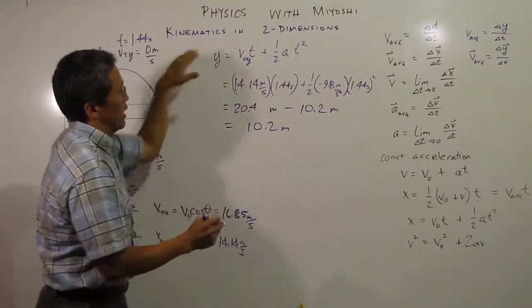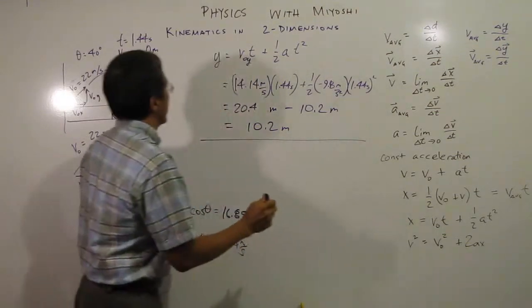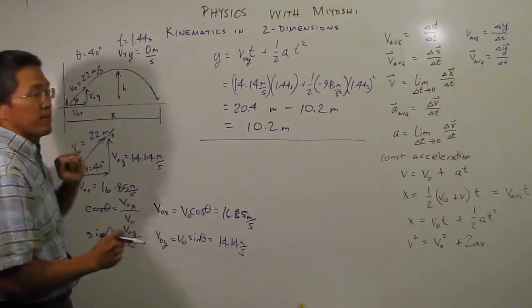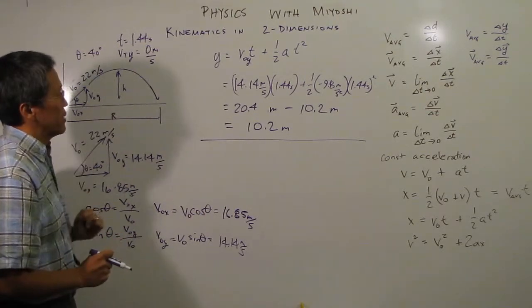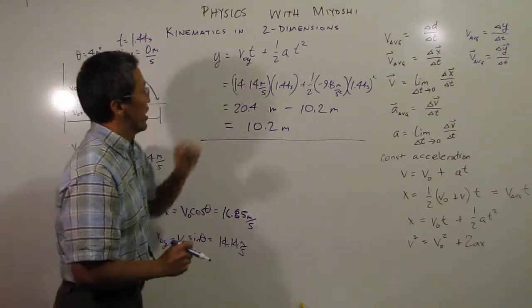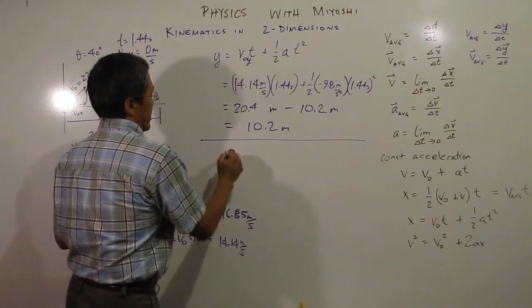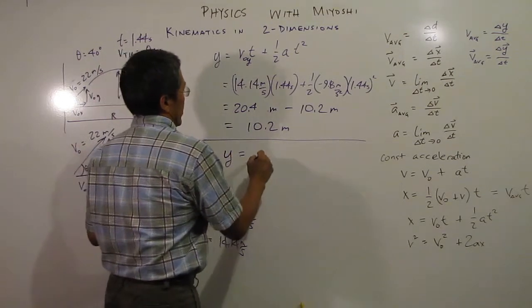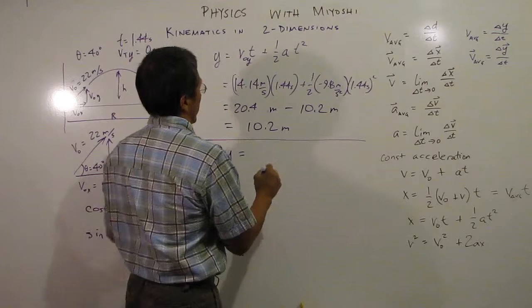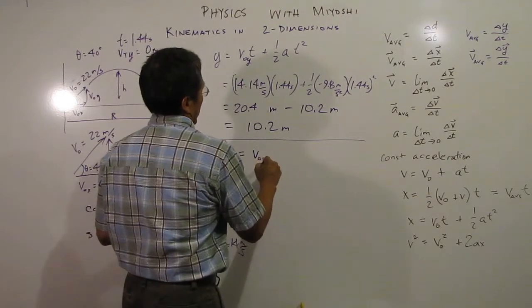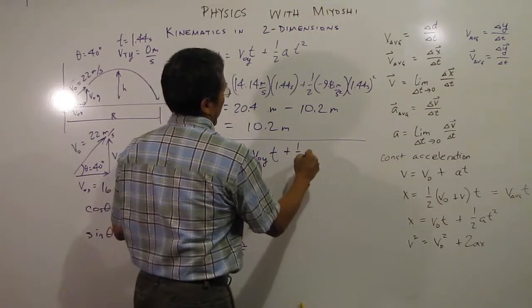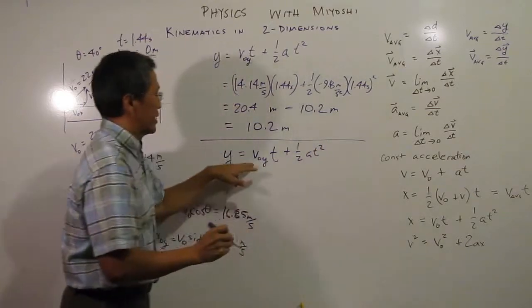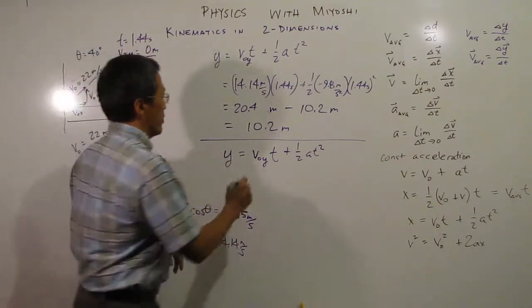I can also do the same problem considering this top point to be my v0 and the bottom to be my final velocity. So in that case I would have y = v0y t + 1/2 at squared. In that case, v0y would be 0.